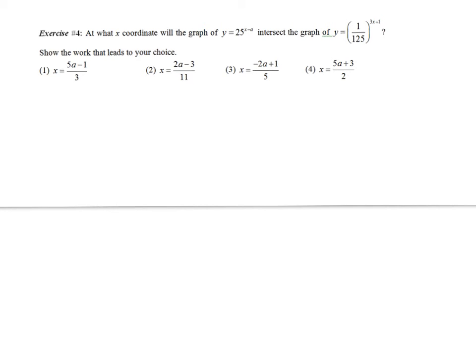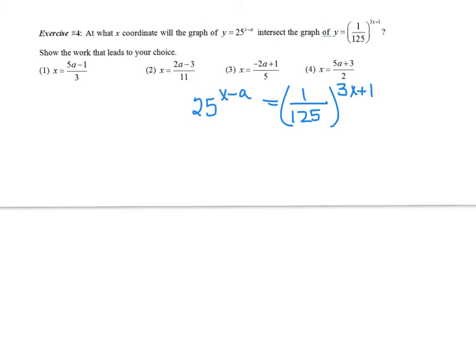So we've got a few things going on in this problem. We've got 2 graphs and we want them to intersect with each other. Well, if they're going to intersect, that means that their y values must match each other. So I want to know where 25 to the x minus a will equal 1 over 125 to the 3x plus 1.